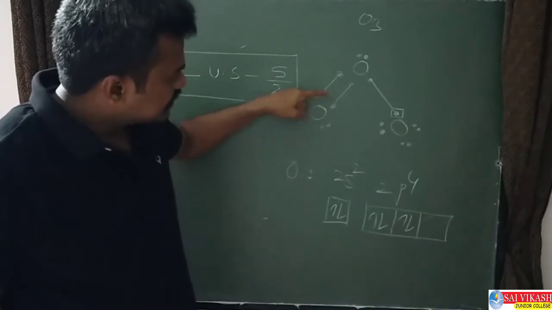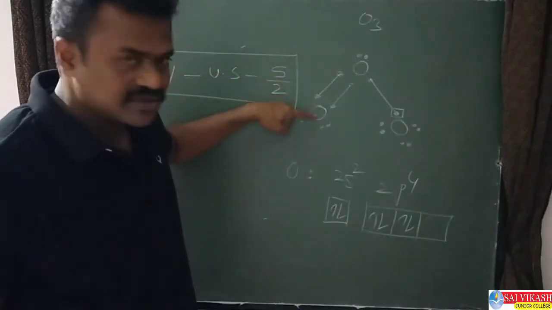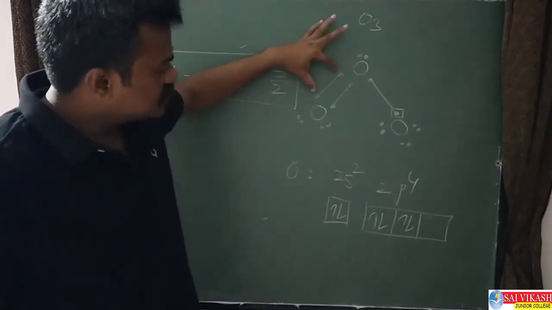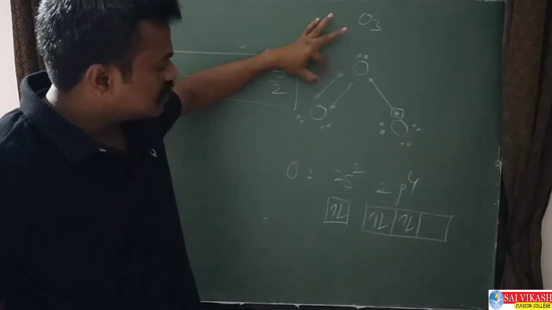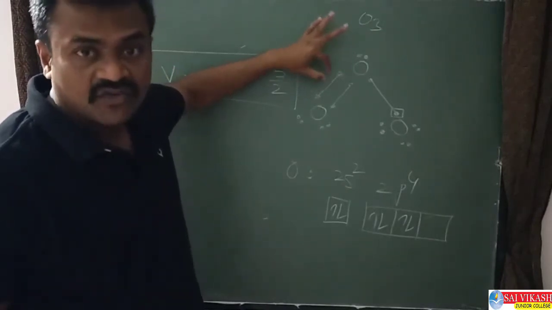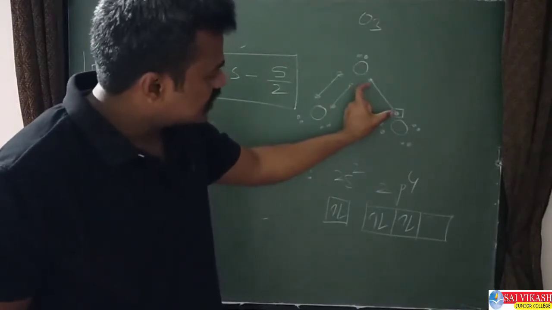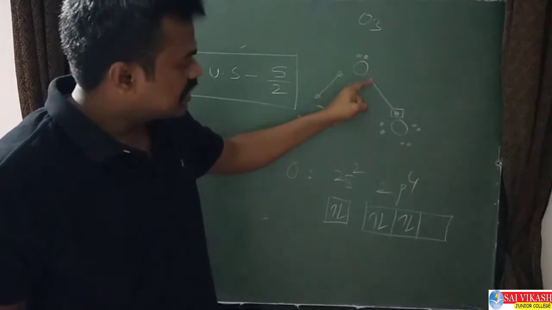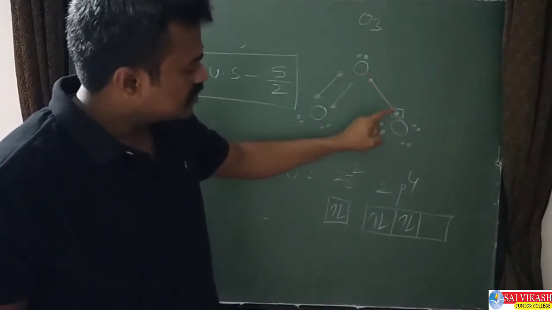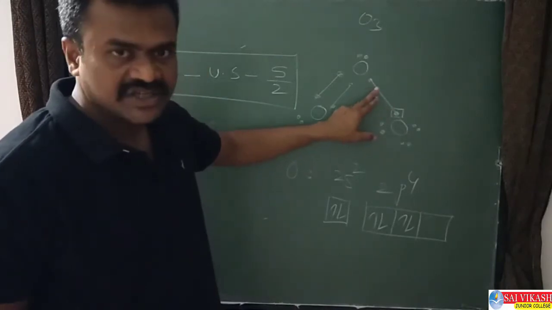Whereas in this case, this electron belongs to this oxygen atom, and this electron belongs to this one. So these two electrons belong to two different oxygen atoms. That's why they are called mutually sharing, forming a covalent bond. But these two electrons actually belong to one oxygen atom, and by donating one of its electrons to the other oxygen atom, the electrons are mutually shared.